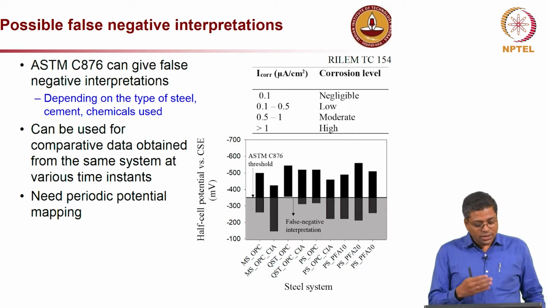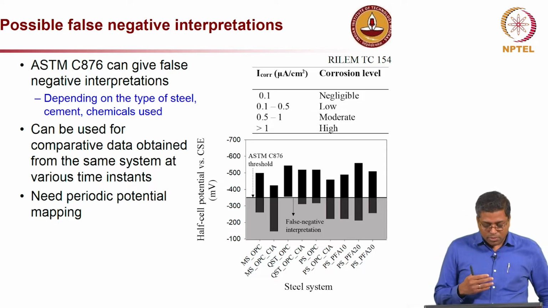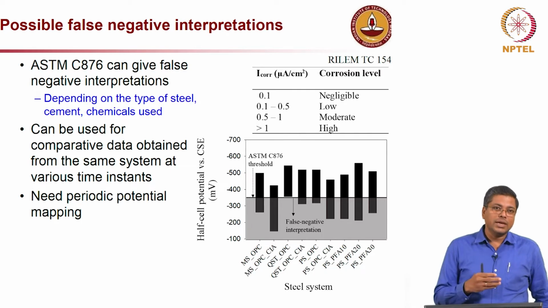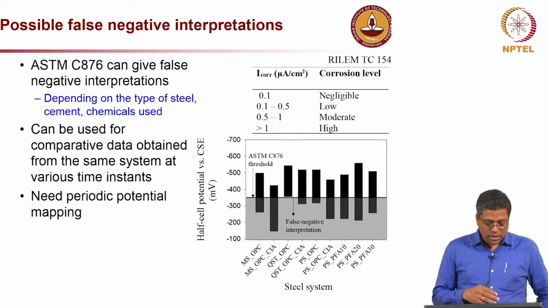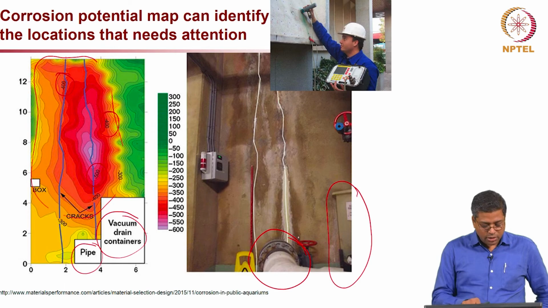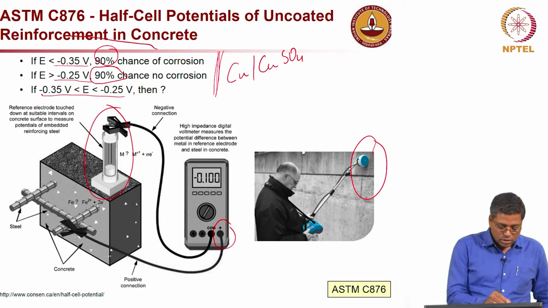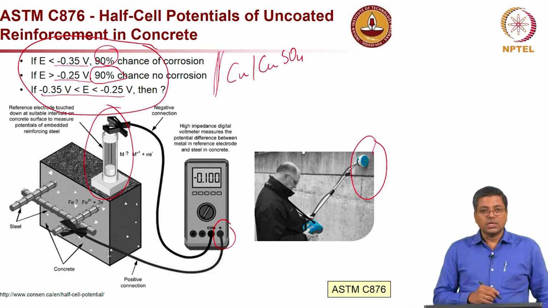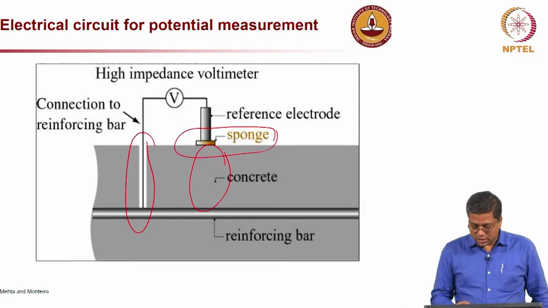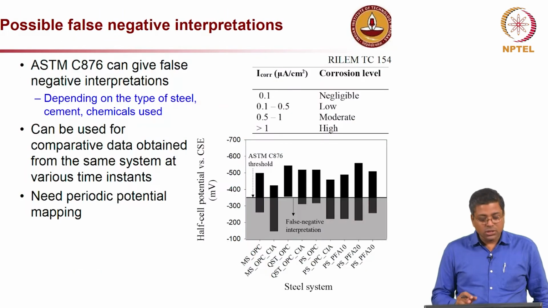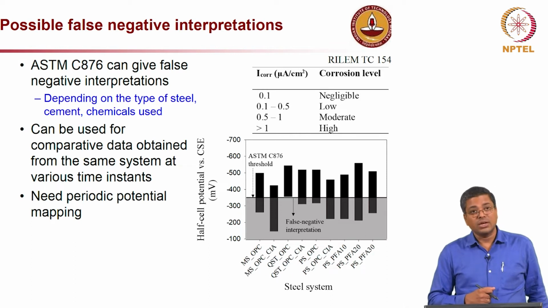Another important thing to tell is that in this particular standard, ASTM C876, the values which I showed you earlier, minus 350, minus 250, and all these criteria or guidelines, were developed based on steel and concrete used in the 1970s.